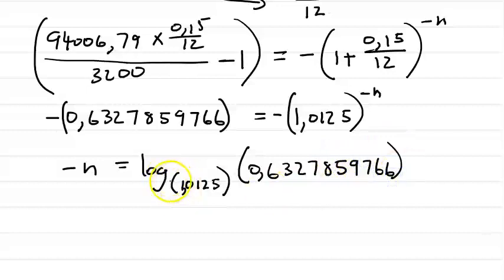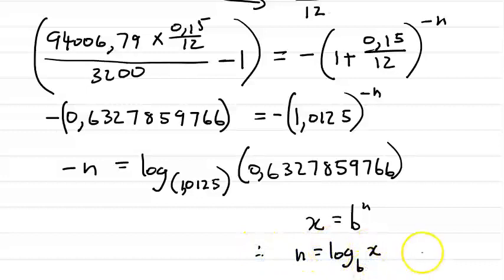Now remember, we're making n the subject of the equation, therefore we need to use logarithms. Remember that if you have x equals b to the n, then n is going to equal log of x with base b. Alright, so that's important for you to know how we make n the subject of the equation by simply using logs.